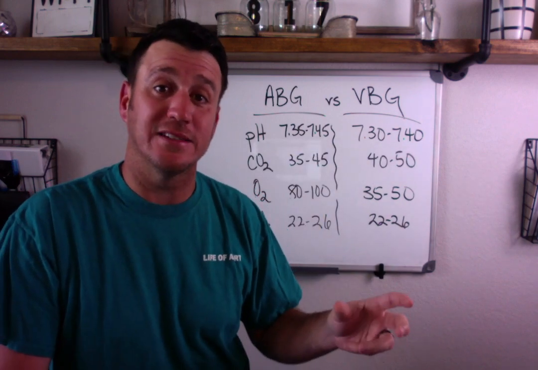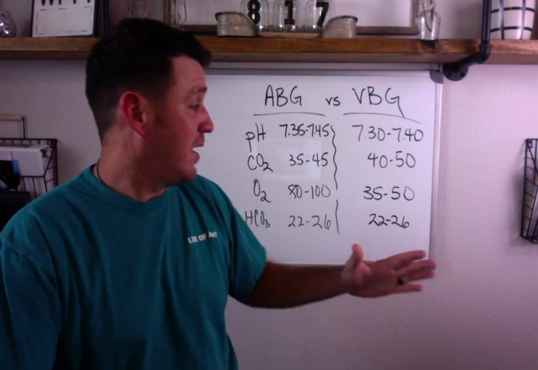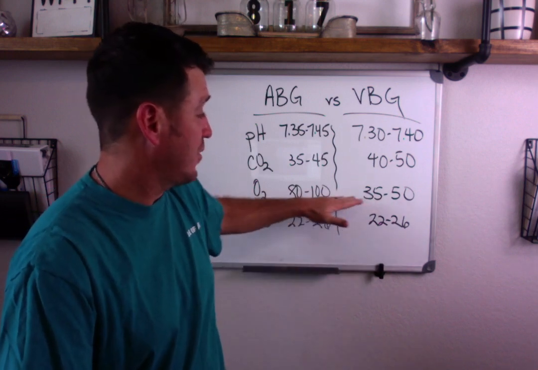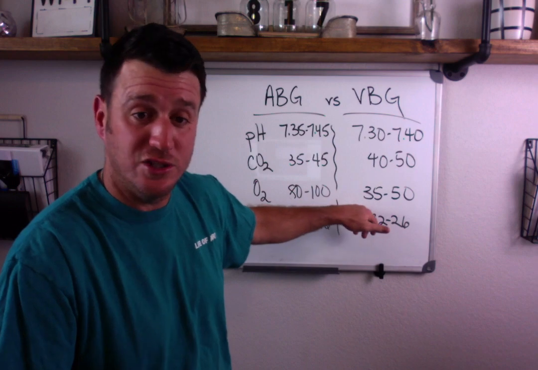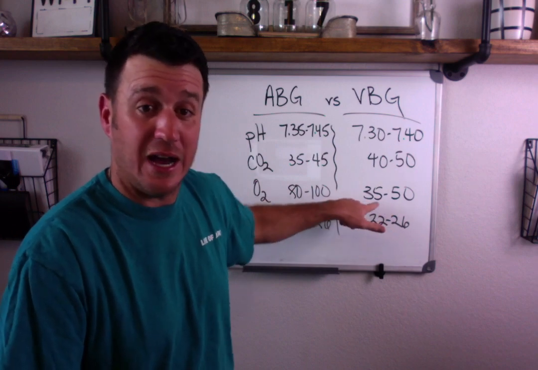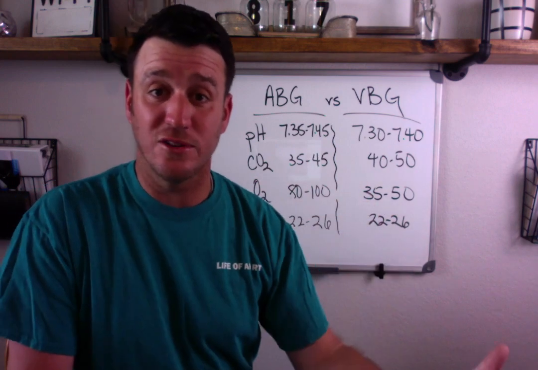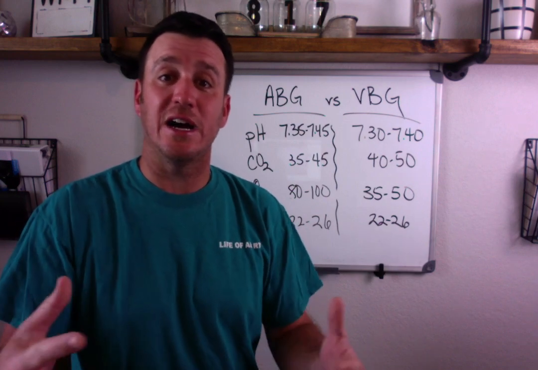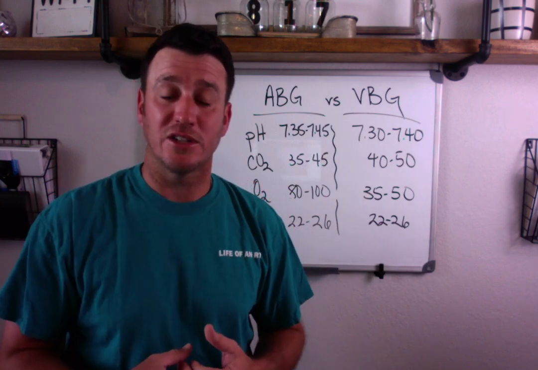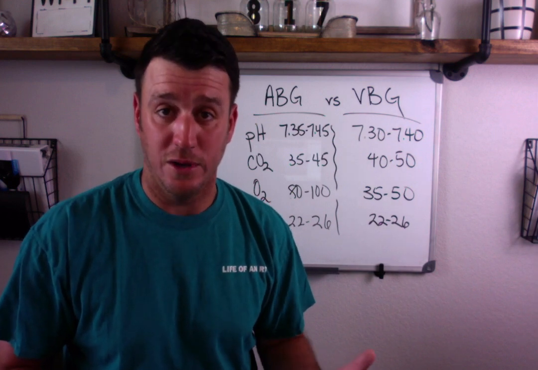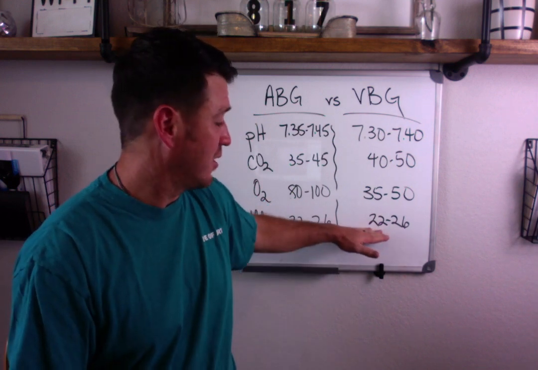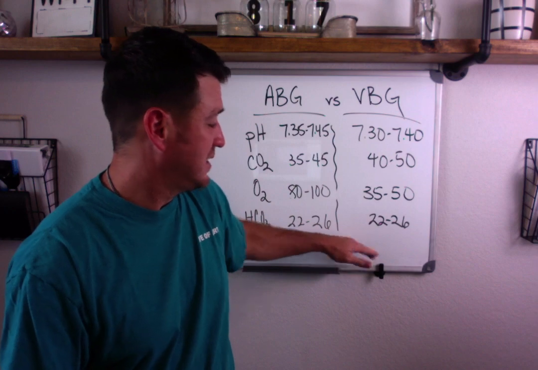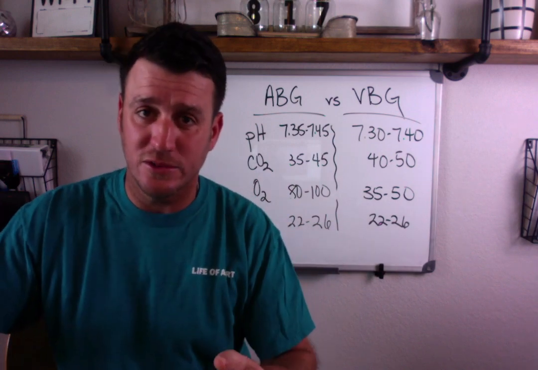Slightly more acidotic. Now, because the oxygen is extracted from the arterial blood at the level of the tissues, this makes sense why there's not much oxygen that returns back to the right side of the heart in venous blood, because the tissues did their job in consuming the oxygen from the arterial blood. And like I mentioned earlier, bicarb stays basically the same. Those are the normal values.